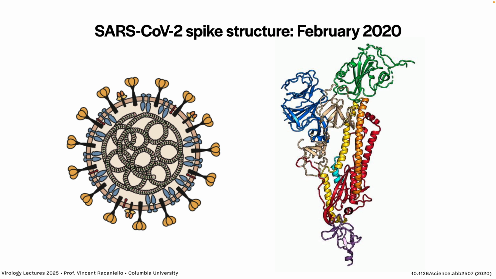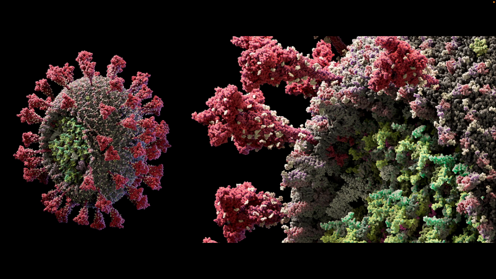So as soon as the variants arose, they could see exactly where the amino acid changes were and the implications for function. This is a different kind of view of SARS-CoV-2. This is the whole particle that has been reconstructed.